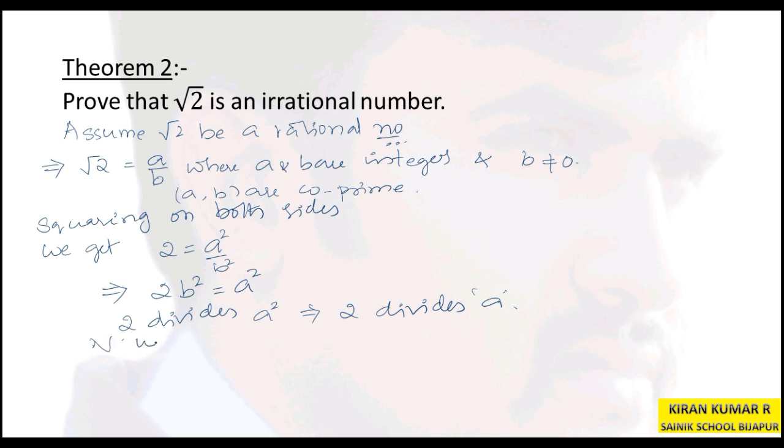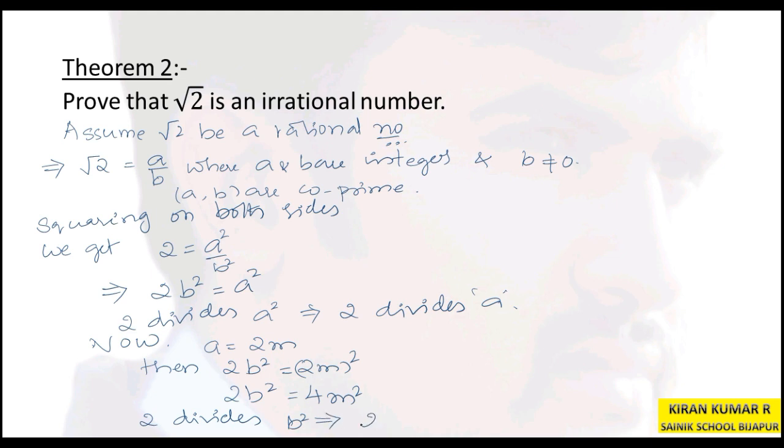Now, if you take the value of a to be some multiple of 2, say 2m, then 2b square will become equal to 2m whole square. It becomes 4m square. Here 2 divides b square.